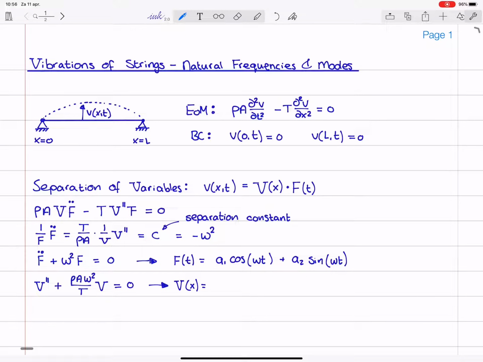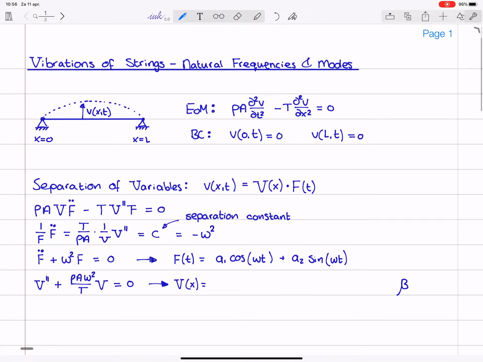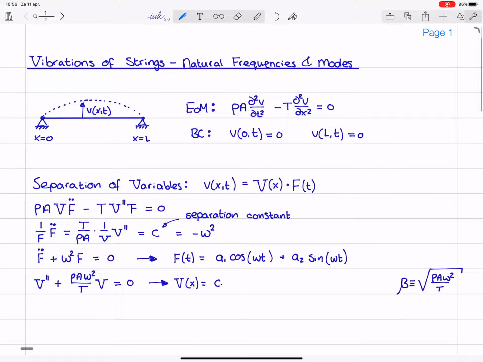So in order to write this down in a more compact form, let me define beta as the square root of rho a omega squared divided by t, like this, such that I can write the general solution as c1 times the cosine of beta x plus c2 times the sine of beta x.